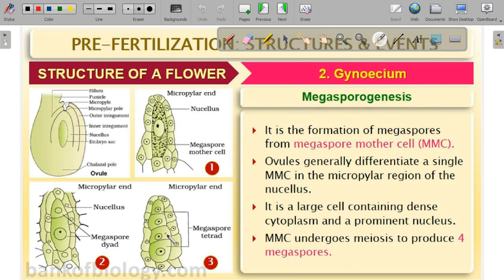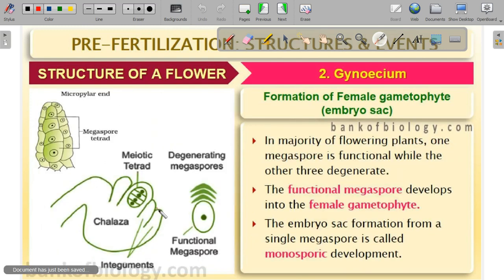But tell me, among the four megaspores, are all functional? Any one is functional. Only one, sir. So three of them get degenerated. Only one of them will become functional.